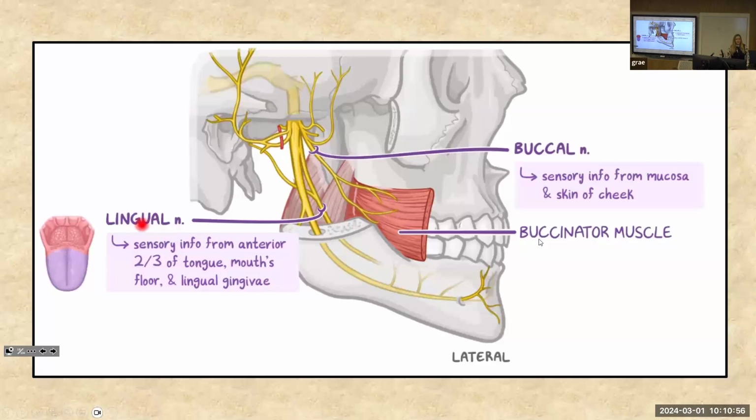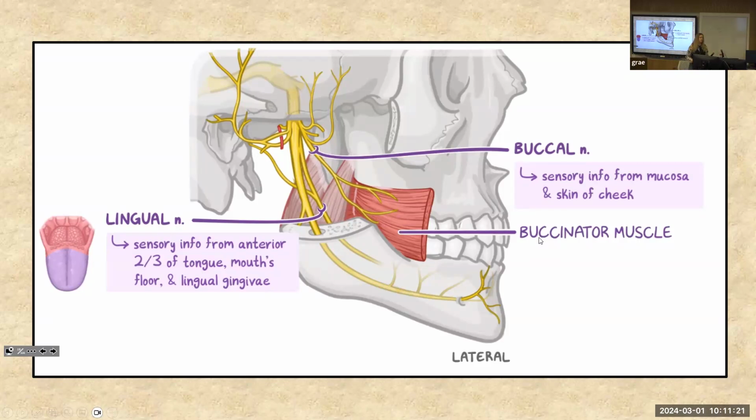So the lingual nerve is another nerve. You've already been introduced to the lingual nerve. It is headed to the tongue. The lingual nerve receives fibers from the facial nerve called the chorda tympani, which will join the lingual nerve and get another Uber ride on its way to the tongue.